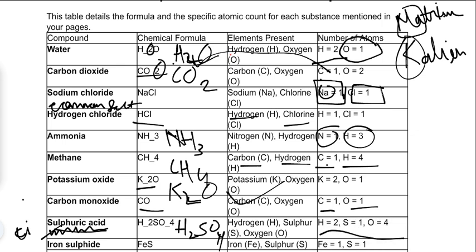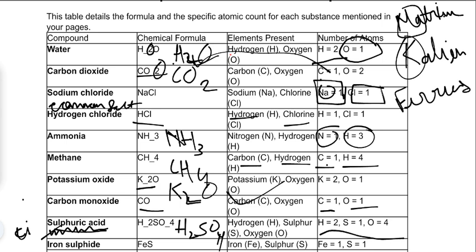After that, we have iron sulfide. The chemical formula of iron sulfide is FeS. Again, you might think that iron starts with I, but why is it written as F? So, my dear, the Latin name of iron is ferrum.